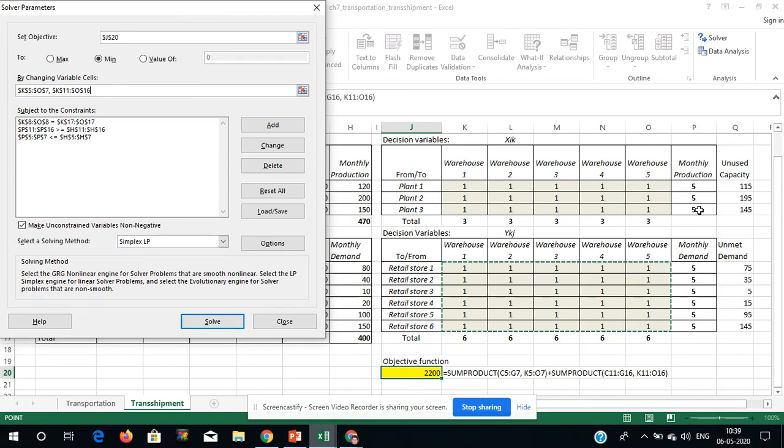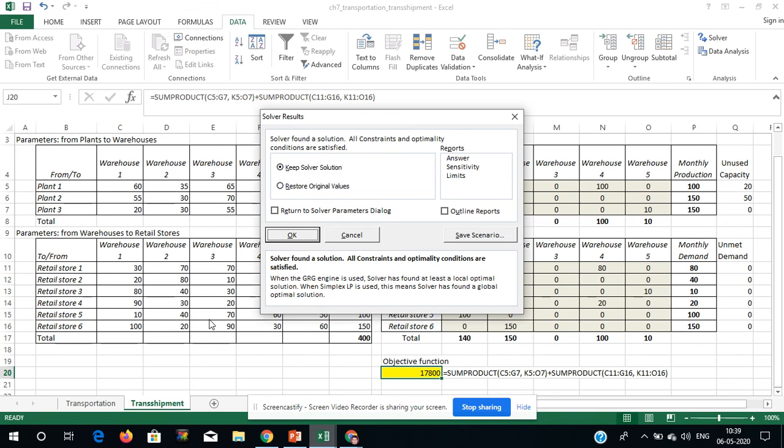Total from plant 1, how much can be shipped? It has to be less than or equal to the production of the different plants. So these are three constraints. We made them non-negative. The solving method is Simplex LP. Then we click on the button Solve.